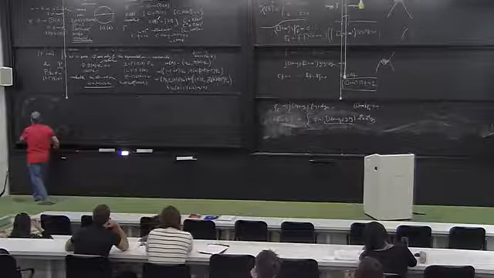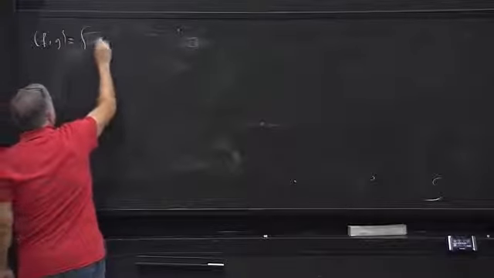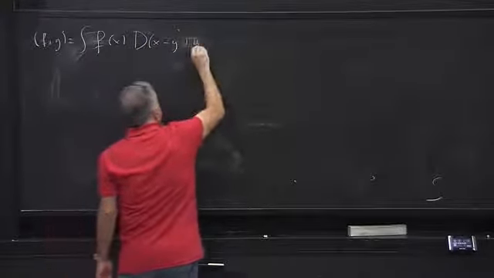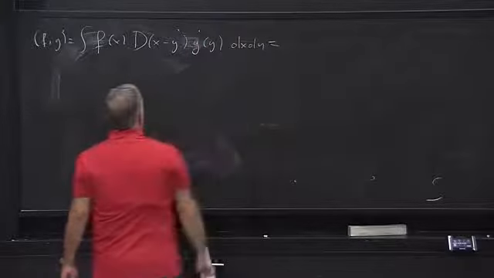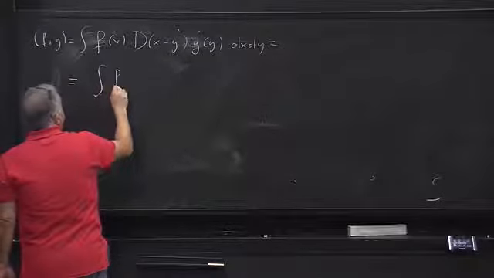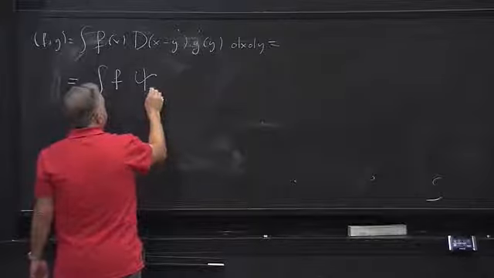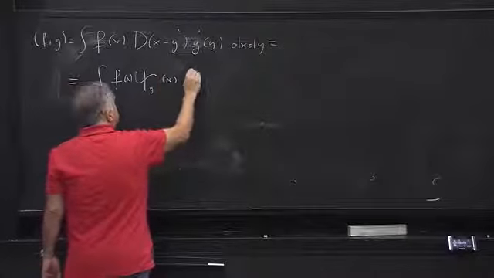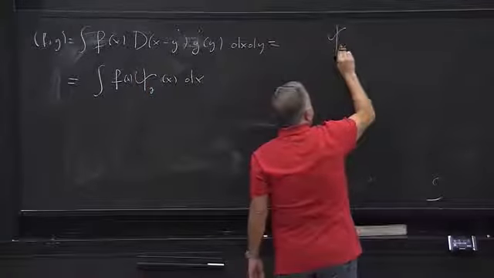So Fg is equal to F psi G, where psi is the solution we have just discussed.